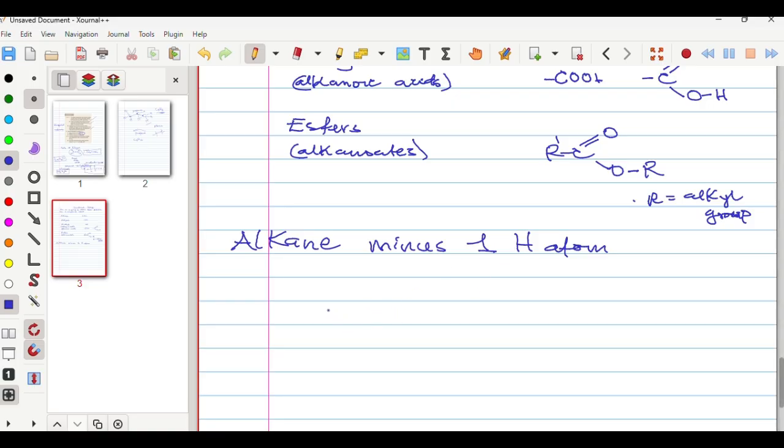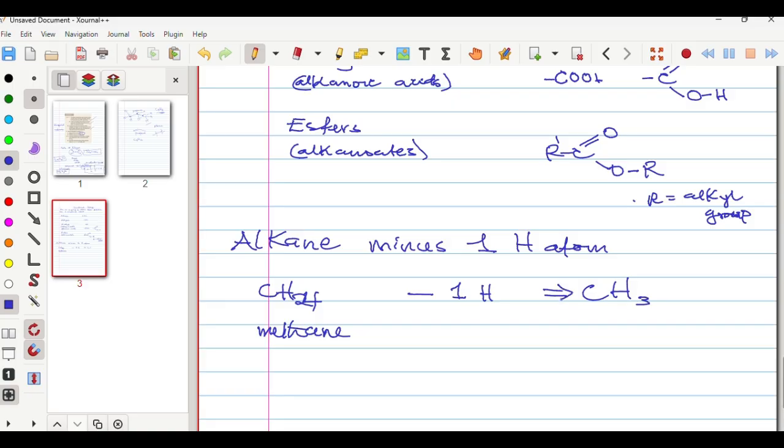An example: an alkane is CH4, which is methane.